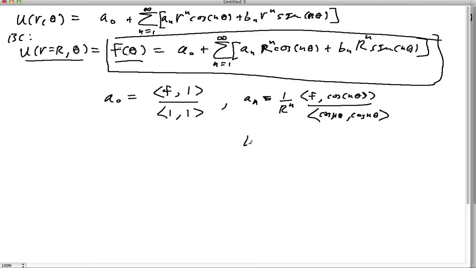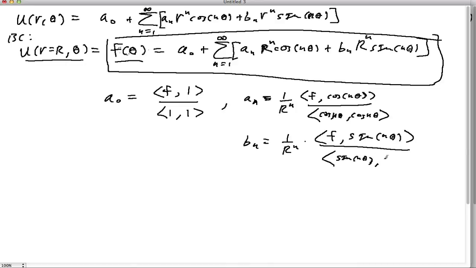And likewise, Bn is equal to 1 over R^n times the inner product of f with sine n theta all over the inner product of sine n theta with itself. Okay, so those put together.